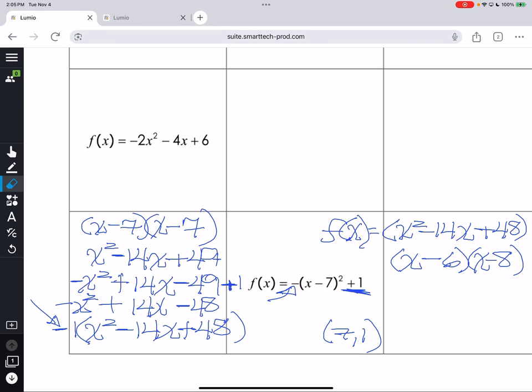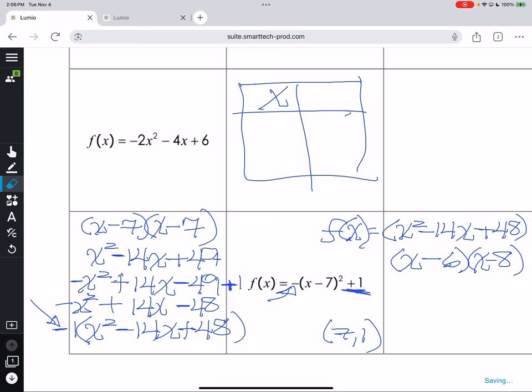Knowing that our vertex is 7, 1, I'm going to do it right here. X and y. And you would have 7 and 1. And you could have however many you needed, but you would use like a 6 and a 5 and an 8.